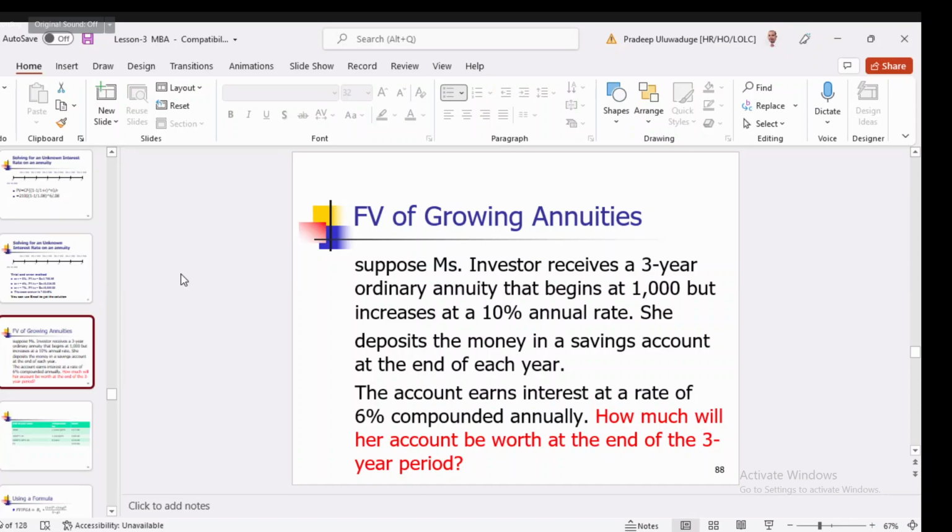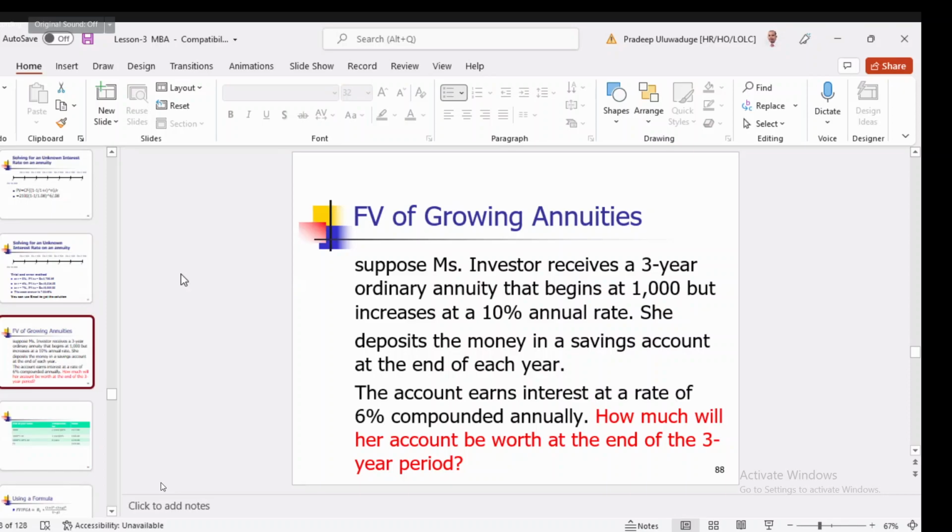The first cash flow will be 1,000, but the second will be 10% more, and the third will be 10% more again. She deposits the money in a savings account at the end of each year. The account earns interest at a rate of 6% compounded annually. How much will her account be worth at the end of the 3-year period?